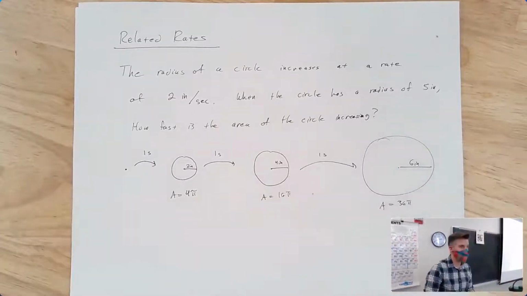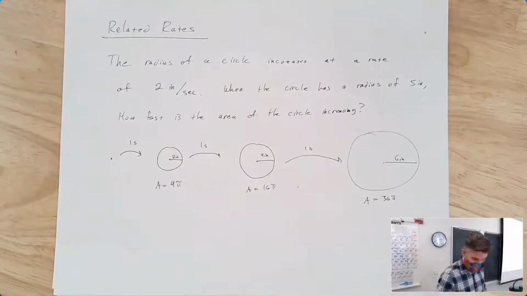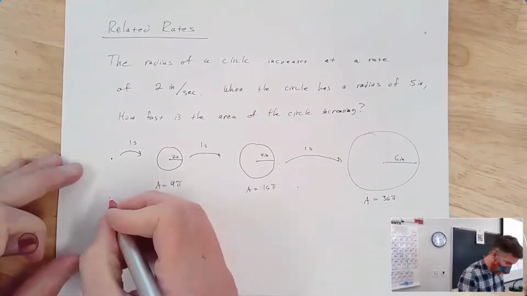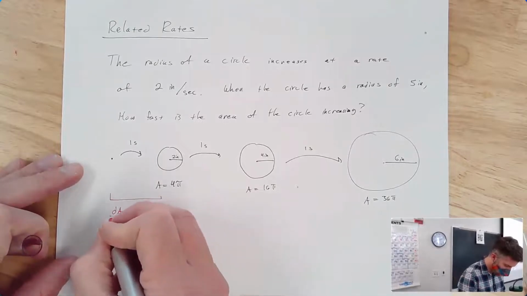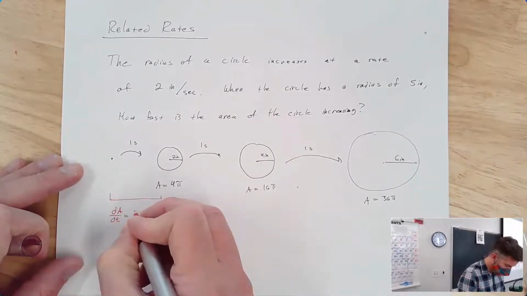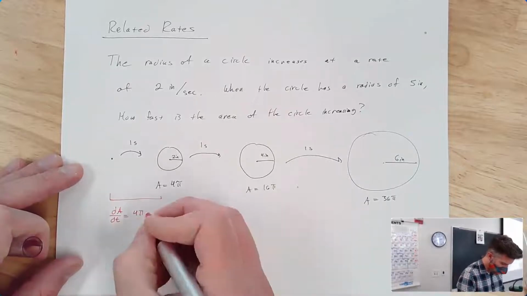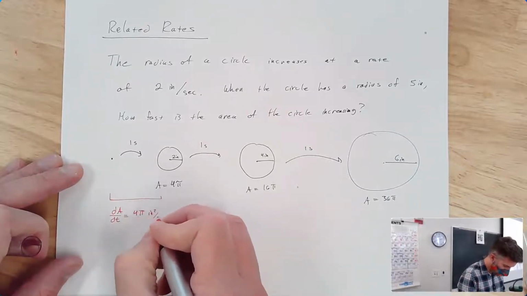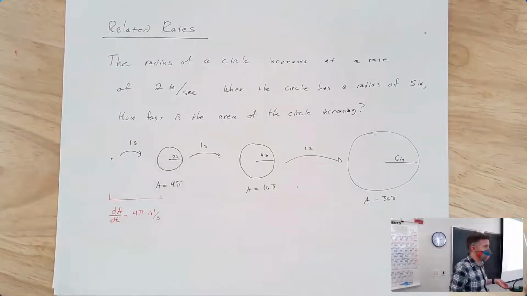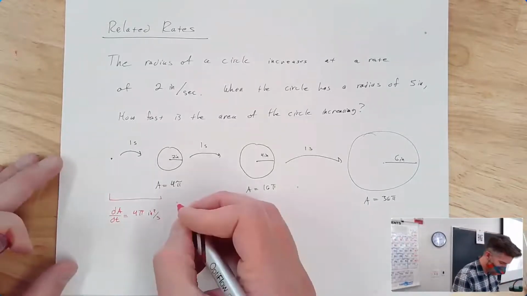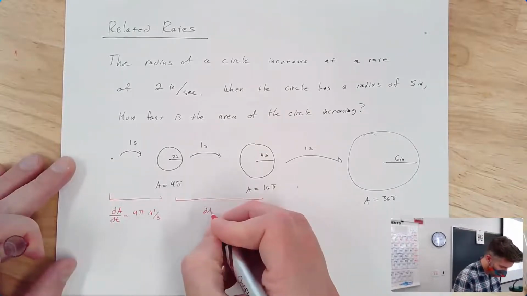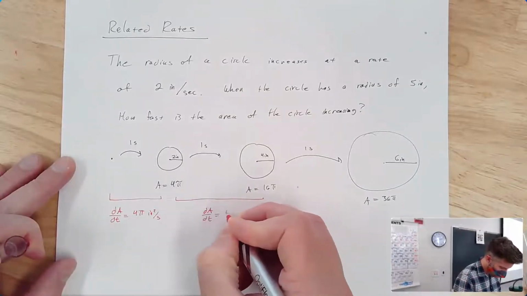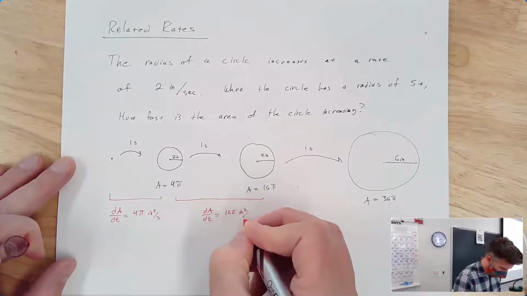These are not exact instantaneous rates of change, but in the first second, the rate of change of area looks to be 4 pi inches squared per second. We went from 0 to 4 pi inches squared. And then from 4 pi to 16 pi, we're increasing by 12 pi inches squared per second.